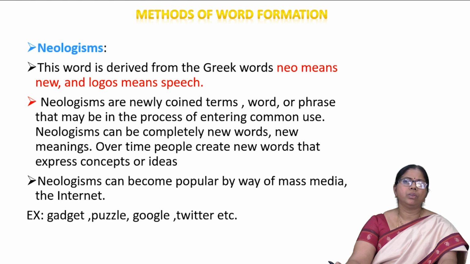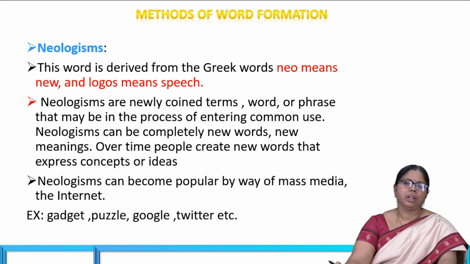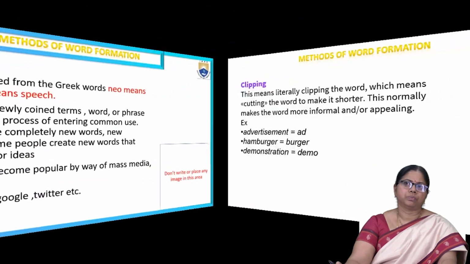Gadget is a neologistic word, a new word which has been coined and which we are using. Puzzle is also a new word. Google, and googling, is also a new word. And Twitter, Instagram. All of these are new words which came into existence mainly through the internet and mass media.